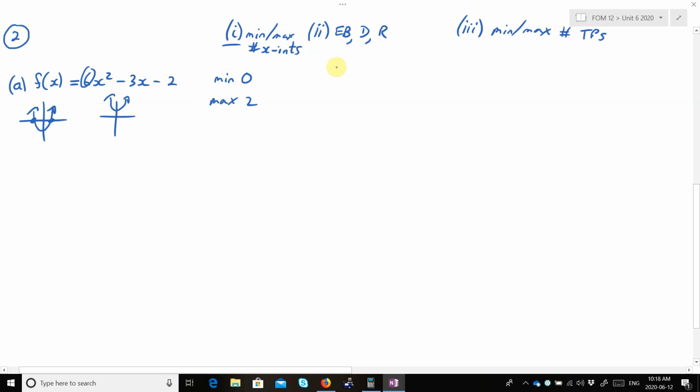The end behavior, it goes from quadrant 2 to quadrant 1. The domain is all real because it goes from left to right forever. The range is y is greater than or equal to -2.